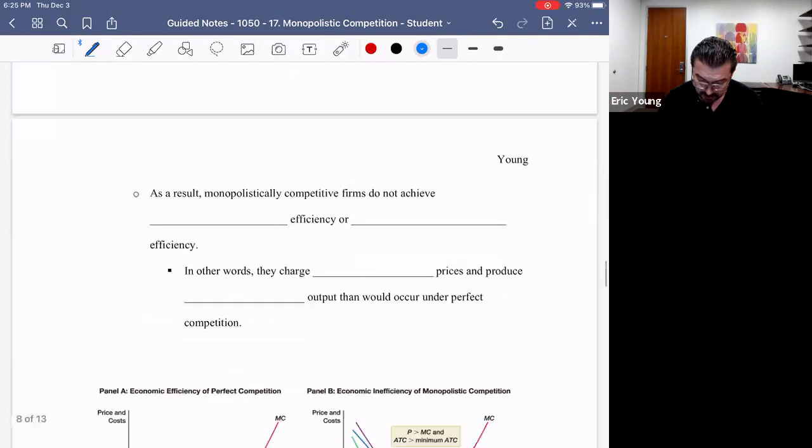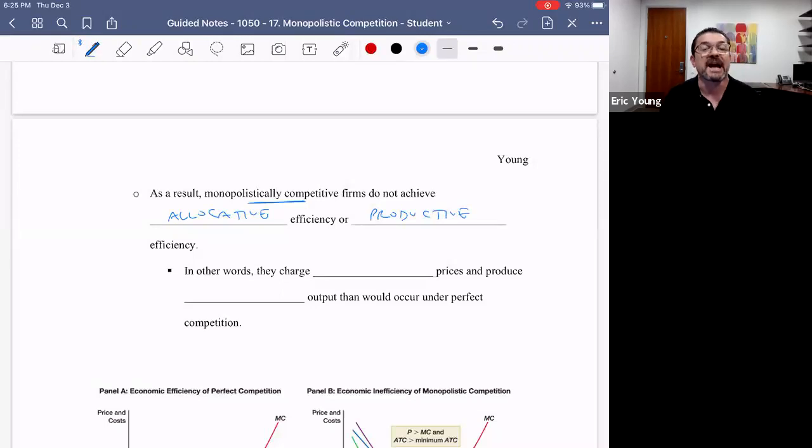As a result of this, and this is a critical distinction, monopolistically competitive firms do not achieve either allocative efficiency or productive efficiency.